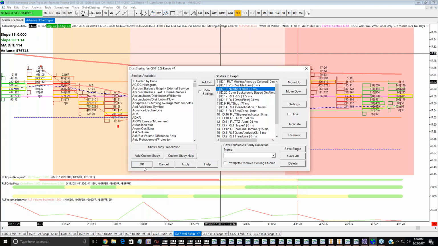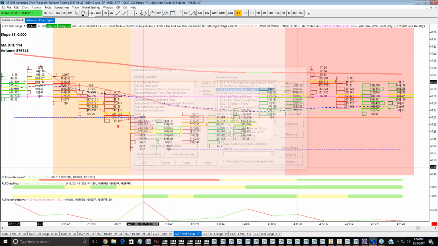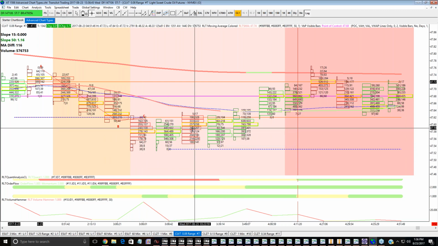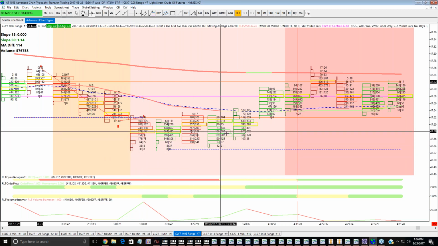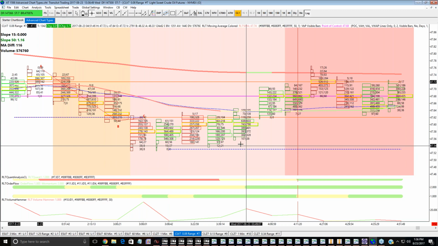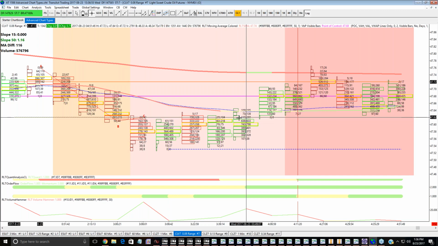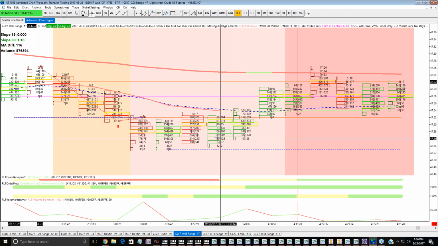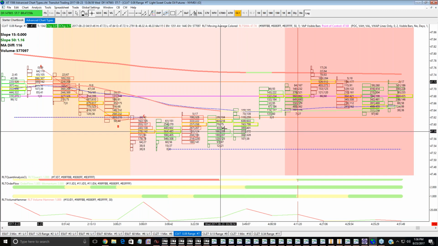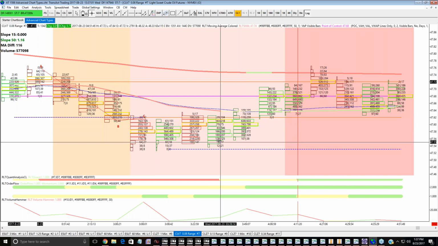The problem with this is that, and this is something that I'm actually considering looking at, we can thicken the outline here. The thing that we don't get here is the intensity of the buying and selling.